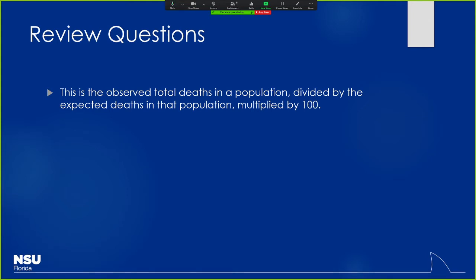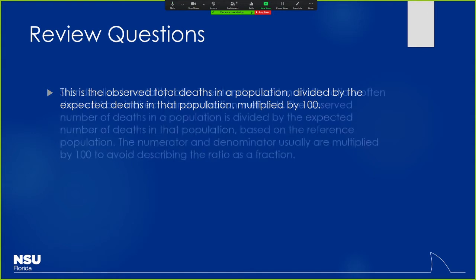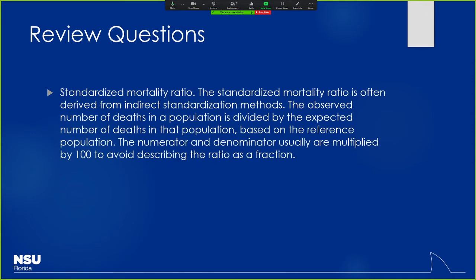Okay, so how about the observed total deaths in a population divided by the expected deaths in that population, multiplied by 100? What would we consider that definition to be? The total observed deaths divided by what we expected to see, we would consider to be our standardized mortality ratio. Why is it standardized? Because we're multiplying it by 100, which gives us an idea of how many extra or fewer people are dying during that time frame.